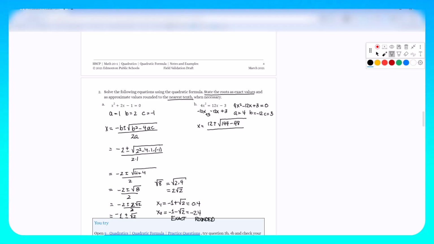All over 2 times 4, which is 8. Now the square root of 144 minus 48 is the square root of 96.